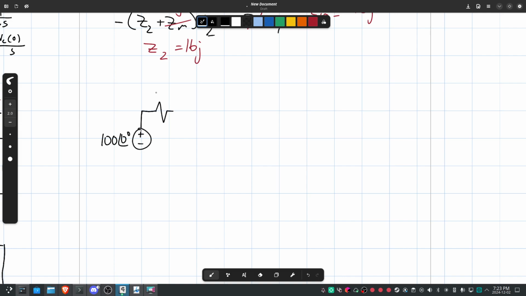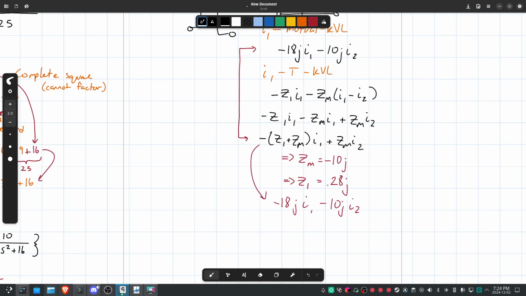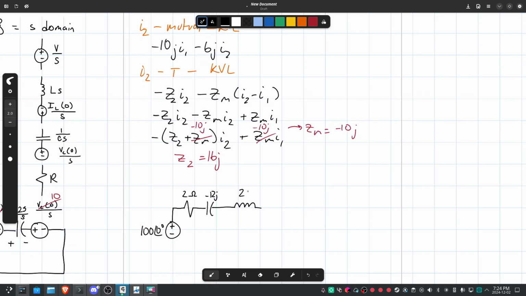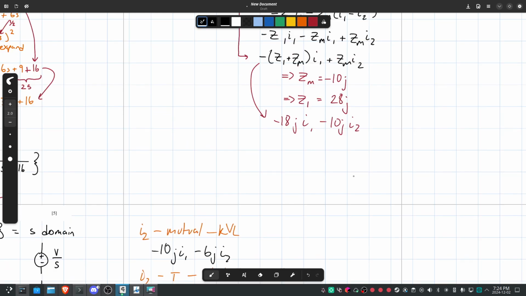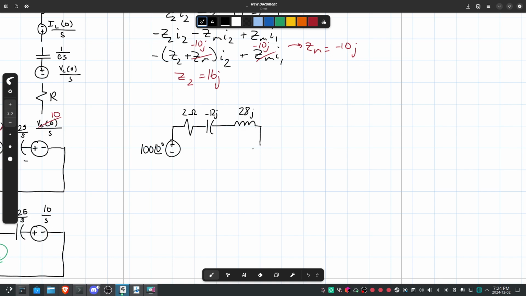We have our resistor, still 2 ohms. We have our capacitor, negative 12J. And now we reach our T junction, right? So we have our first inductor. This is Z1. What is Z1? It is 28J. And it goes down into not an inductor. Our Z mutual is negative 10J. So it's actually a capacitor.